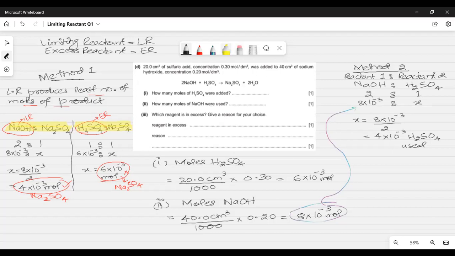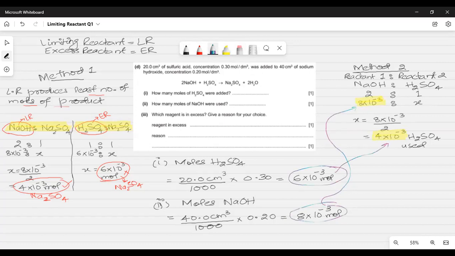Now, this step clearly tells you that you used the complete amount of NaOH you had in the start of the experiment. By using the complete amount of NaOH, you clearly used less than what you had for H2SO4. How? Notice, you had 6 into 10 raised to power minus 3 moles of H2SO4, but you used only 4 out of those.